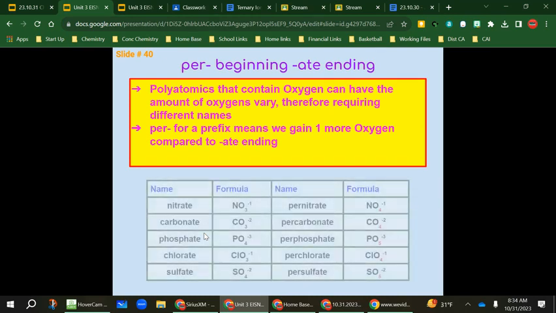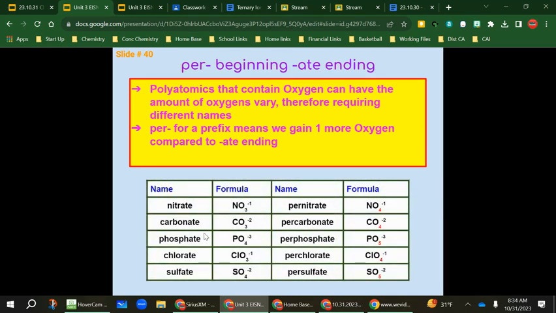Okay? So, nitrate, NO3, becomes pernitrate, NO4. Carbonate, CO3, becomes percarbonate, CO4. Phosphate, PO4, becomes perphosphate, PO5. Chlorate, ClO3, becomes perchlorate, ClO4.